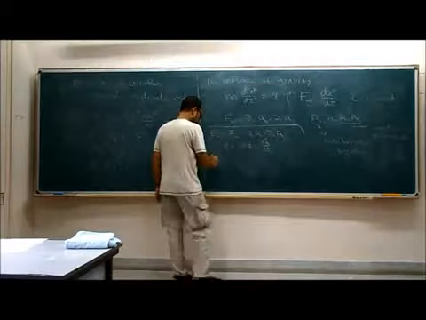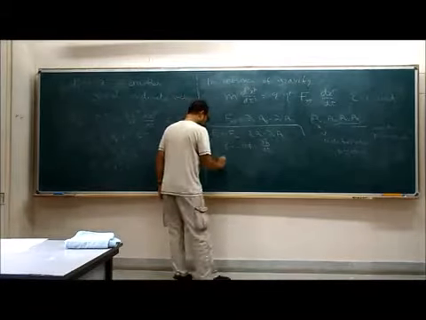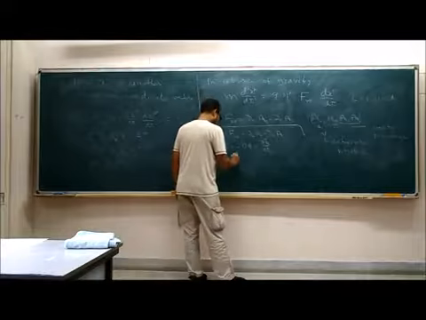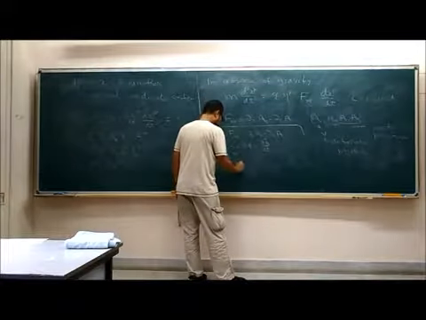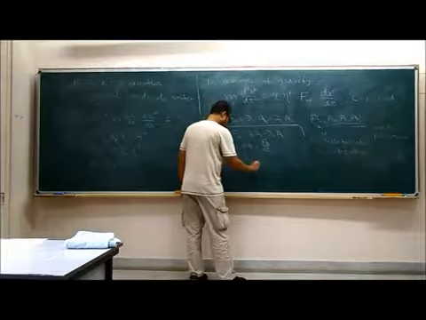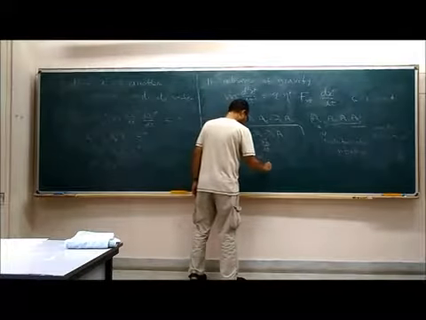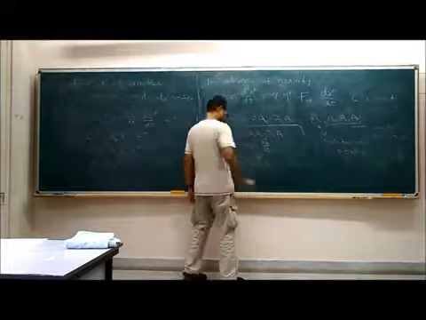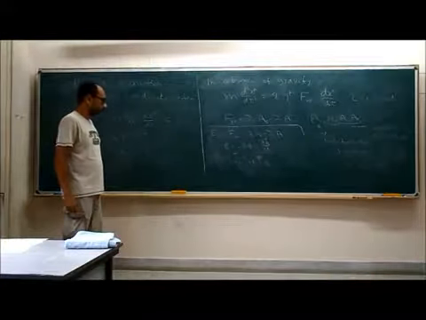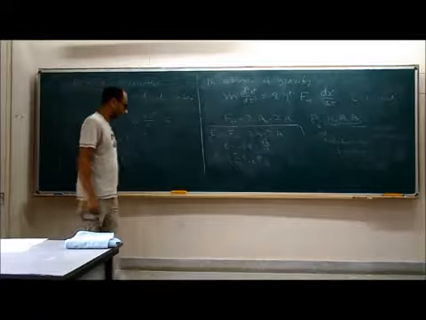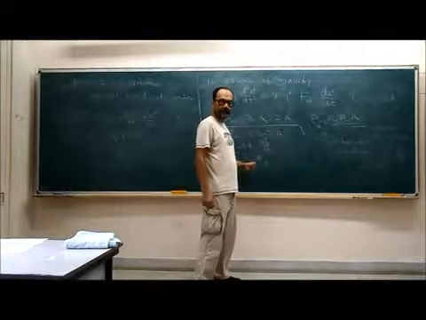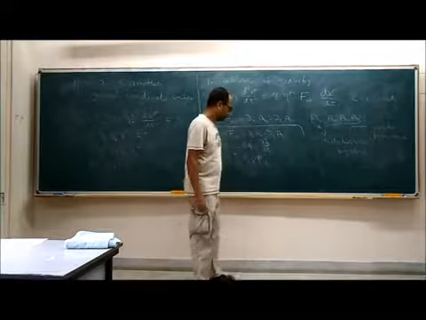B_i, you can write as half sum over j and k, equal to 1 to 3, epsilon_ijk F_jk. Epsilon_ijk is the totally antisymmetric tensor with epsilon_123 being equal to 1.